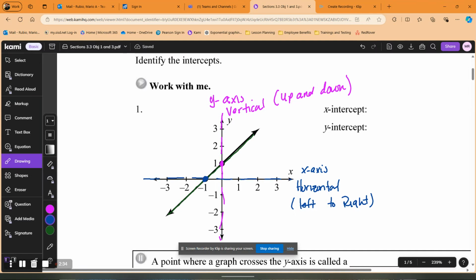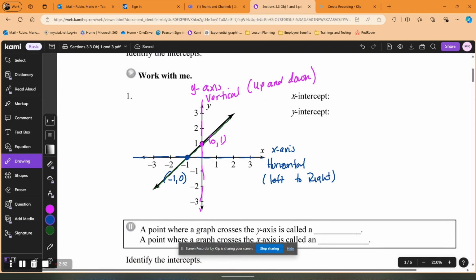And the way we write them is we just write the coordinate point. So the y-intercept is 0, 1. And the x-intercept right here is -1, 0. So our x-intercept is -1, 0, and our y-intercept is 0, 1.